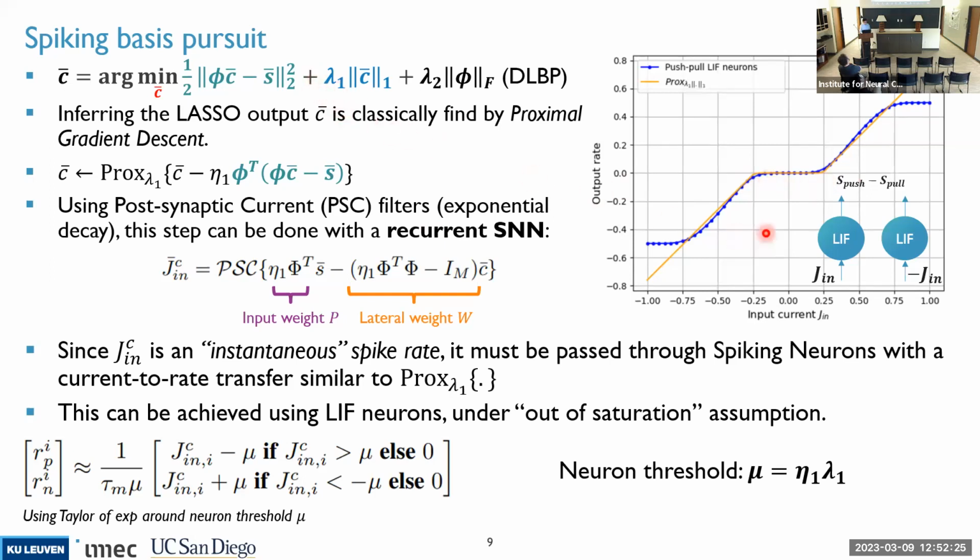As you make lambda 1 bigger, the dead zone of the proximal operator, in yellow, will grow. This is the same as if you would increase the threshold of the neurons: the dead zone, the place where the neurons are silent, will grow as well. You see here an elegant link between this lasso parameter and the threshold.